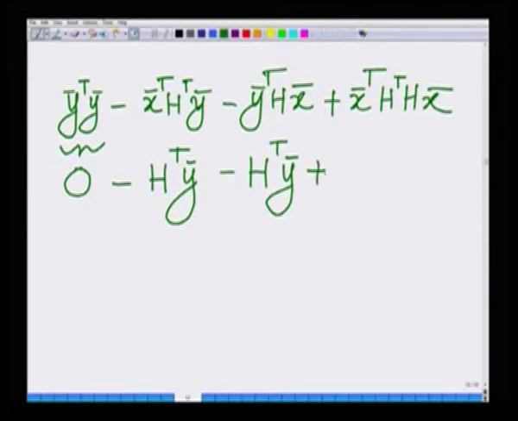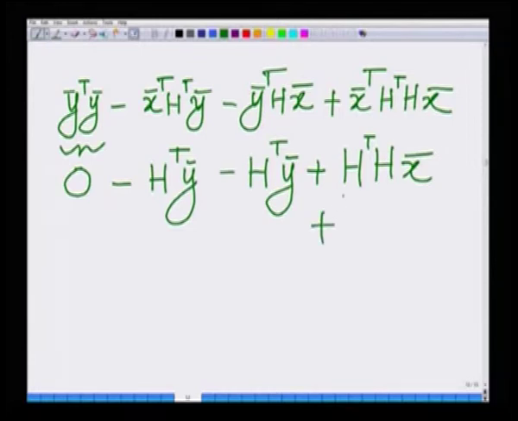Plus, now this is a square term, it has x bar twice. So, this is x bar transpose h transpose h x bar. We use the sum rule, that is, assume one of them is constant and differentiate with respect to the other, and then assume the other is constant and differentiate. So, assume that h transpose h x bar is constant, then this differentiation becomes x bar transpose c, where c is h transpose h x bar. Hence, this derivative is h transpose h x bar.